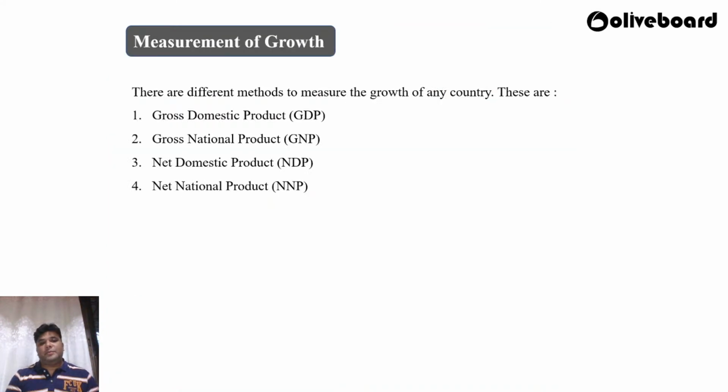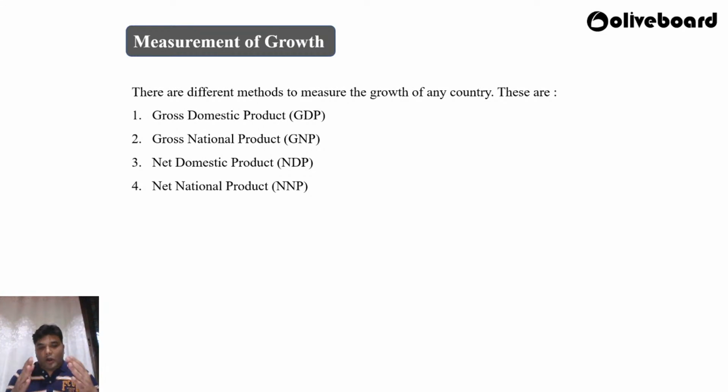Now when you talk about measurement of growth, there are actually four parameters on which you can measure your growth. It is GDP, GNP, NDP, NNP. GDP stands for gross domestic product, GNP stands for gross national product, NDP stands for net domestic product, and NNP stands for net national product.